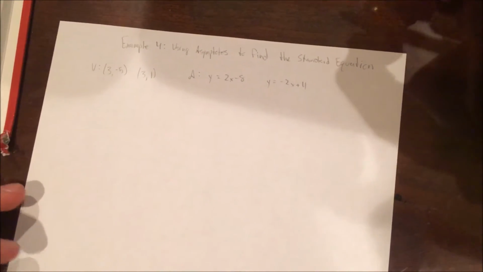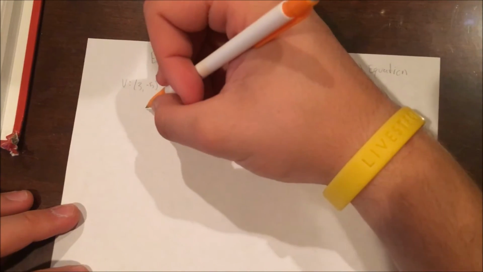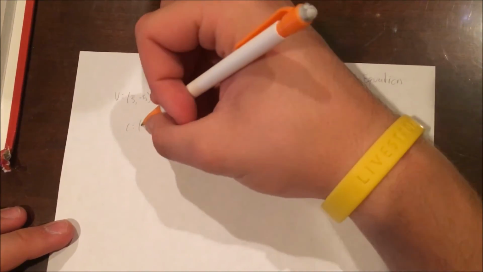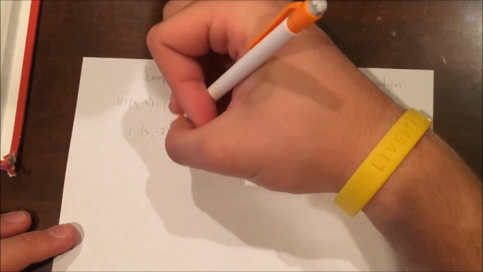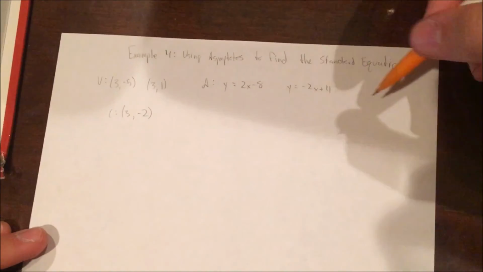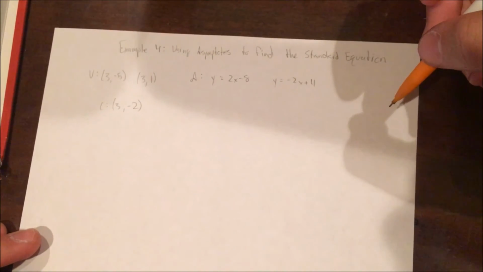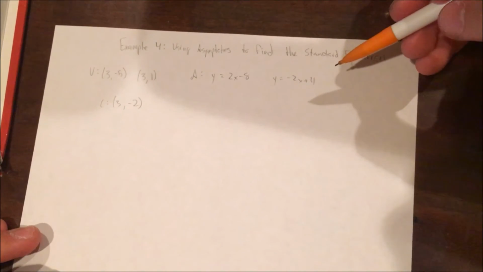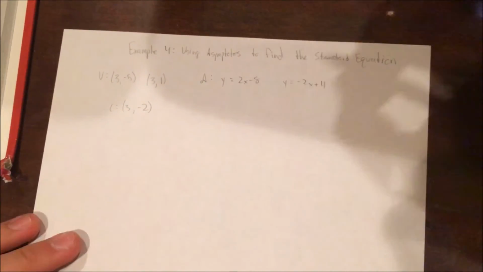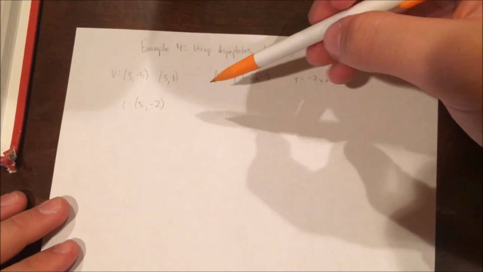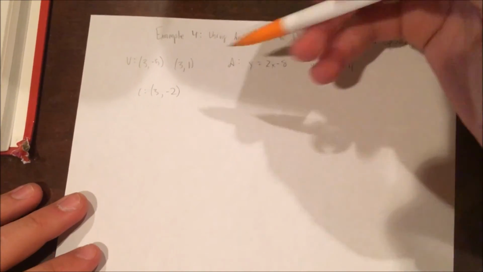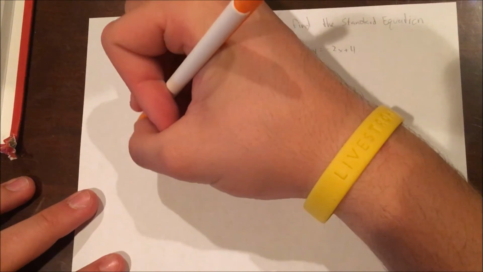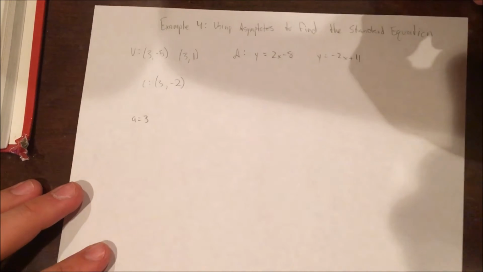By the midpoint formula, you know that the center is going to be (3, -2), and this hyperbola has a vertical transverse axis. The distance from the center to the vertices is 3, so you know a equals 3.